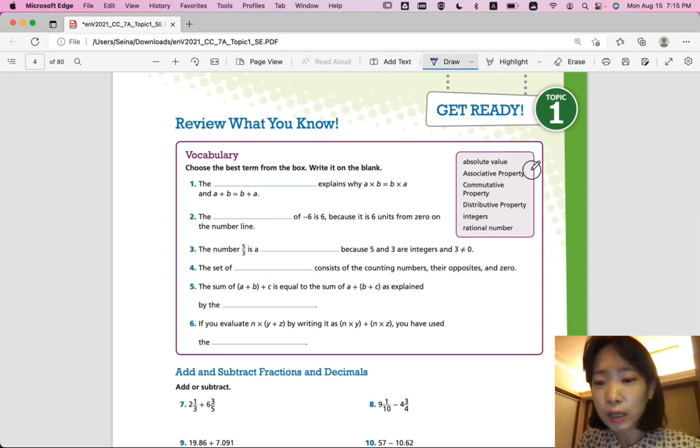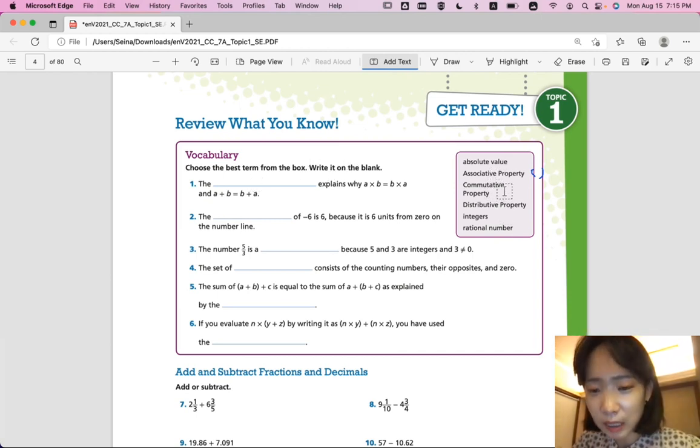Associative always includes parentheses. So if you do not see parentheses, and you have two choices like this, you would probably say the other. But you have three properties here. Commutative property and associative property are very similar.